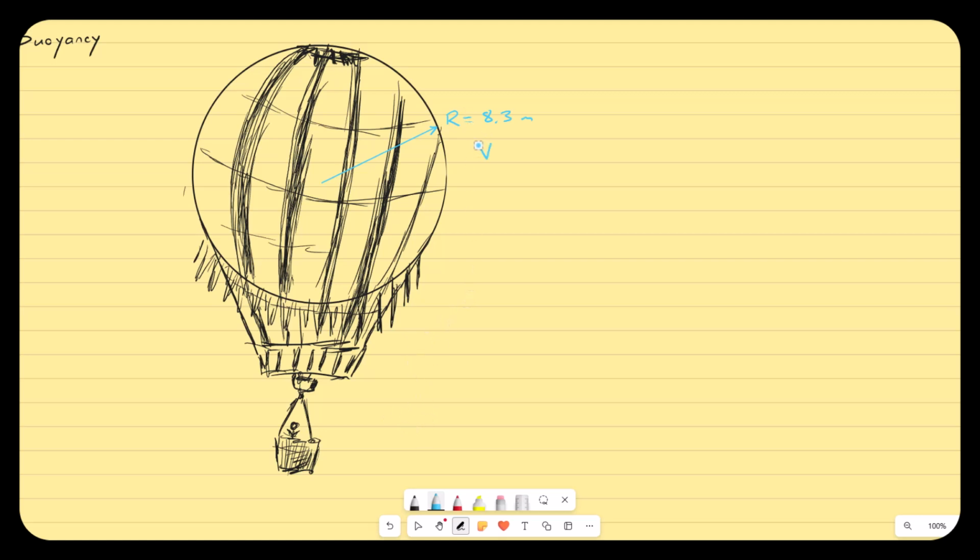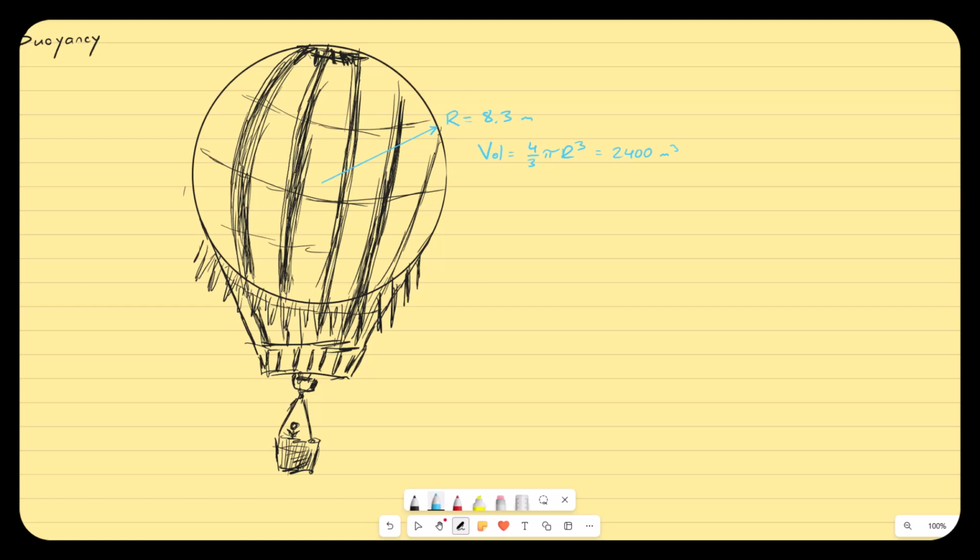This gives a volume of the hot air balloon. It is approximately spherical, 4/3 pi r cubed. It's going to give us 2,400 cubic meters. This is about the size that you would expect for a hot air balloon for 3 or 4 people.